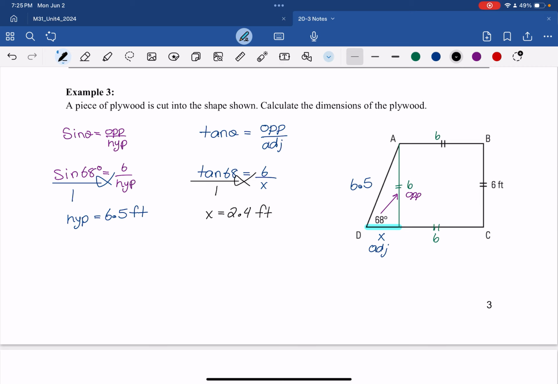Then my dimensions of the plywood are going to be 6 by 6 by 6.5 by, on the bottom here I have a 6 plus the 2.4 that's here, so that's going to be 8.4. So those are the dimensions of my plywood there.